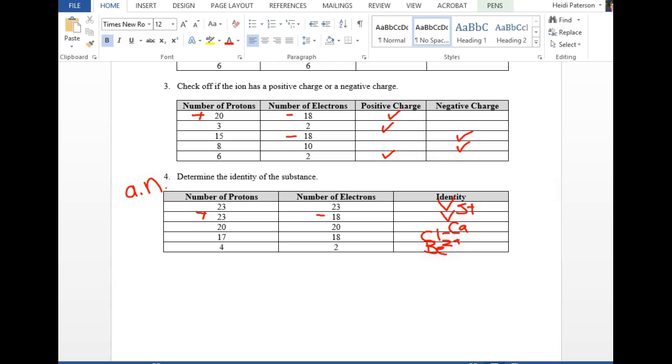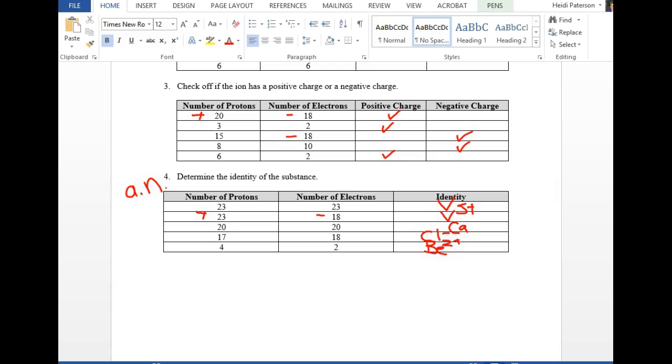Go for it. Number of protons is the atomic number. Okay, excellent. You need to know that. Absolutely. I need 2 other people to share. If you're looking at the atomic symbol, it'll be an atom if there isn't a charge beside it. Correct.